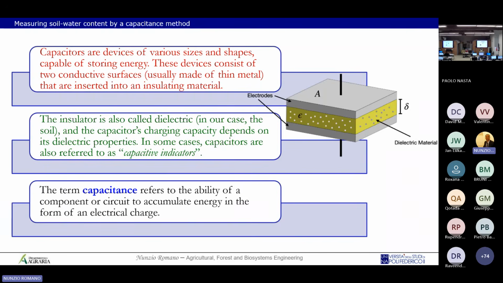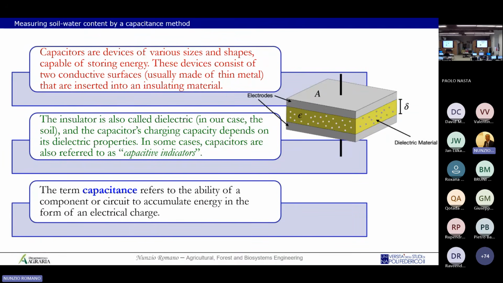What is the dielectric material? In our case, it is the soil. And the soil, again, is a very complex dielectric material, because soil is made up of pores, so air, water that fills the pores, and solid material. So it's not so easy. But this is the dielectric material.